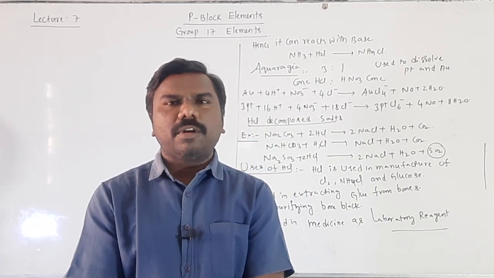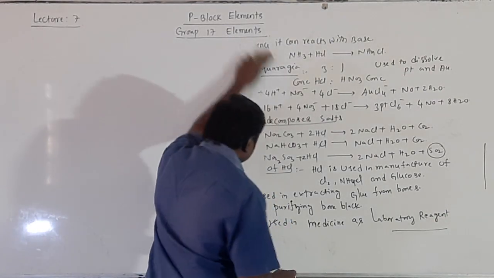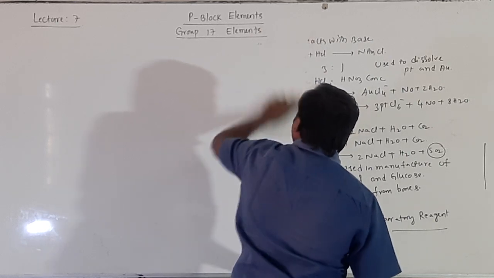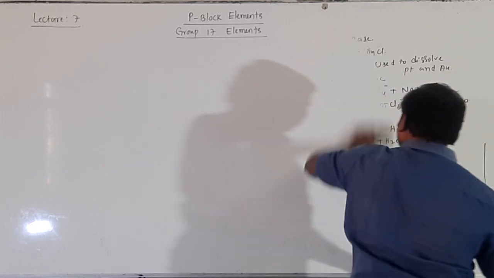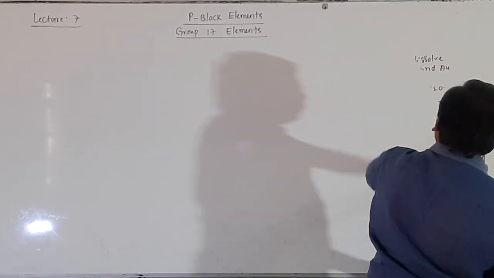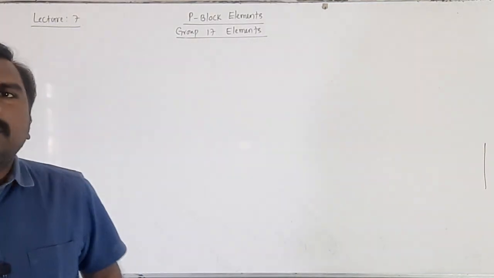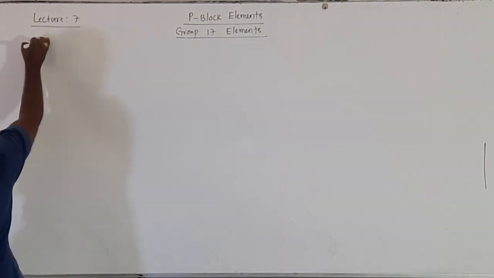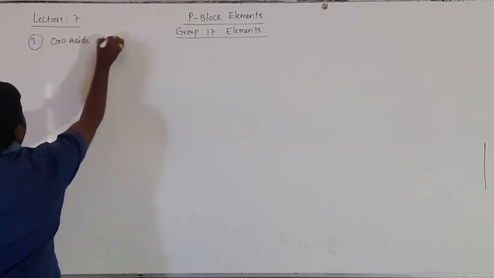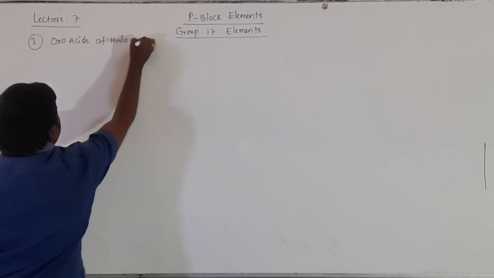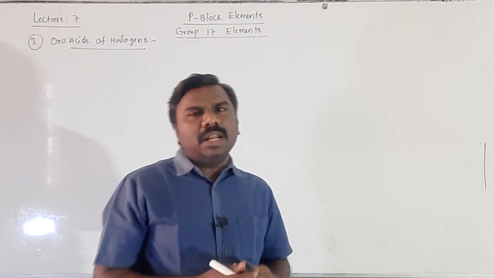This is the second compound of halogens. Now the third compound of the halogens, the 17th group elements, is oxoacids of halogens. So many oxoacids are formed by fluorine, chlorine, bromine, iodine.